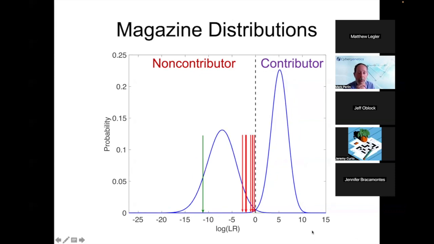Next slide. For the magazine distributions, you have something similar. On the left is the non-contributor distribution, on the right is the contributor. And the green arrow is the match statistic for the defendant. It's negative 12, 1 in a trillion. And what is being purported as having the same stature is, again, around zero from something else.